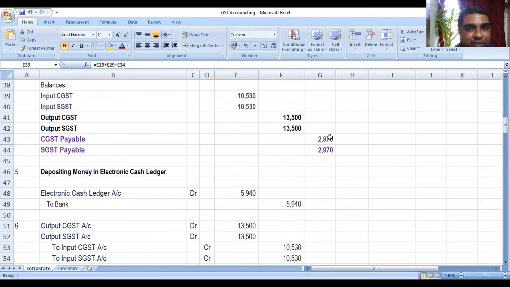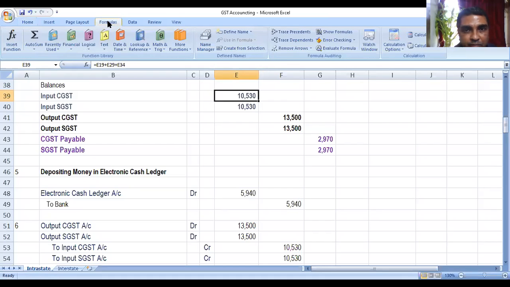I have to pay the difference amount. You can see the difference of these two, 10,530 and 13,500.